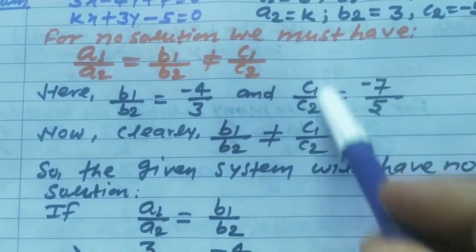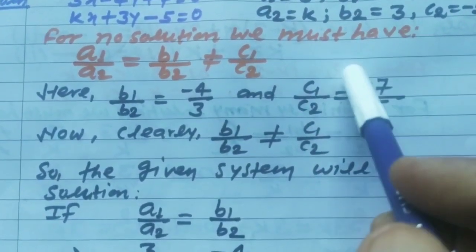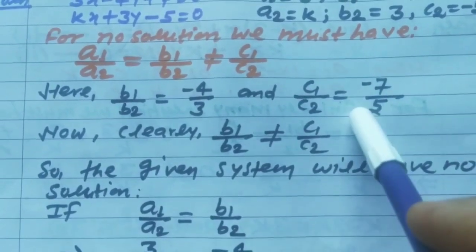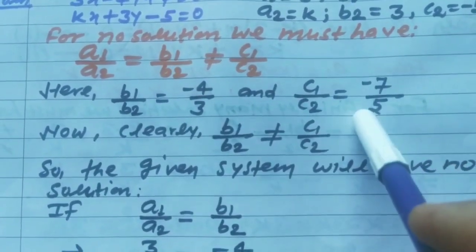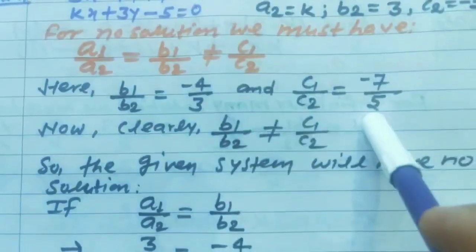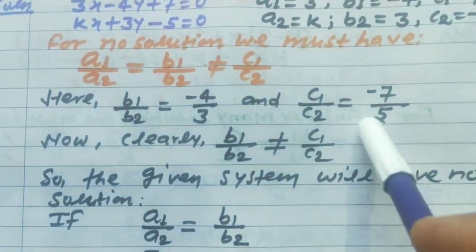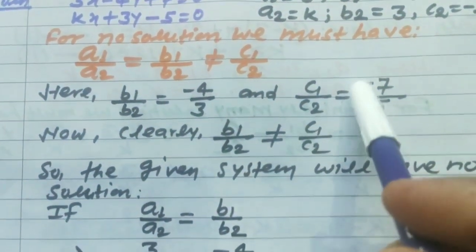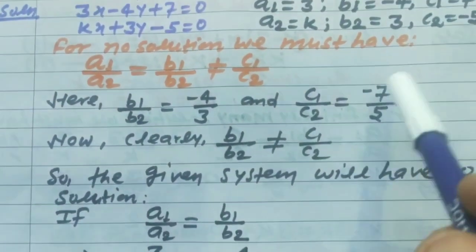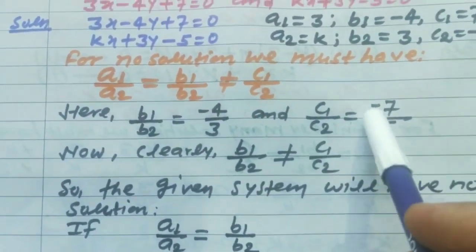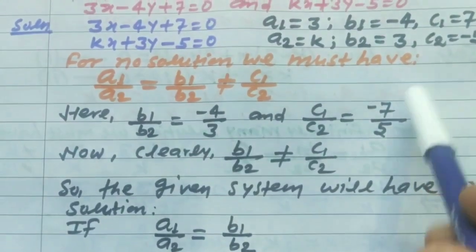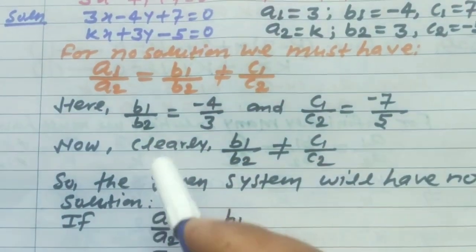If we write any fraction in standard form and one is negative, with the numerator positive and the denominator negative, then you always have to write the minus sign with the numerator. So c1 upon c2 will be minus 7 upon 5.